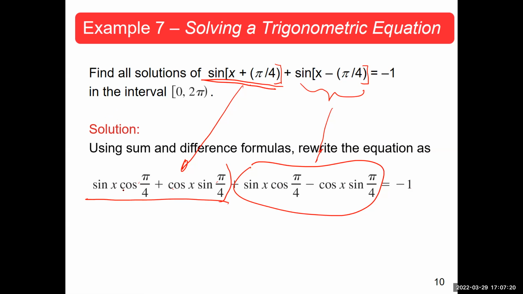Now, what is the cosine of pi over 4 equal to? You can use your calculators. This is not 0. Cosine of pi over 4. Basically, go ahead and calculate cosine pi over 4 and sine pi over 4 and tell me what you find out.